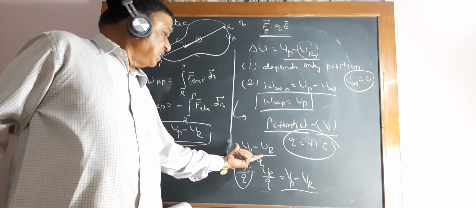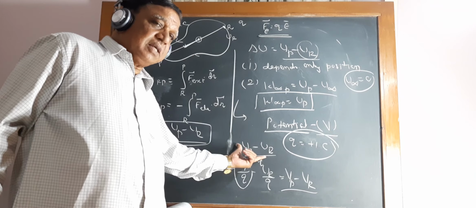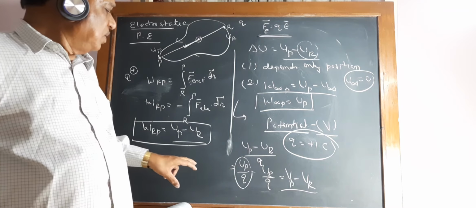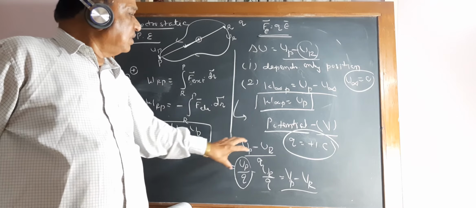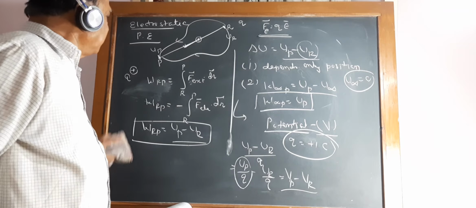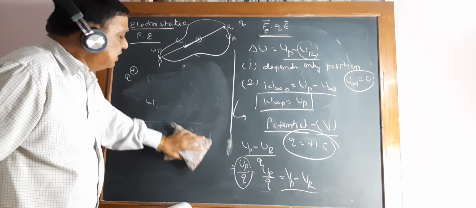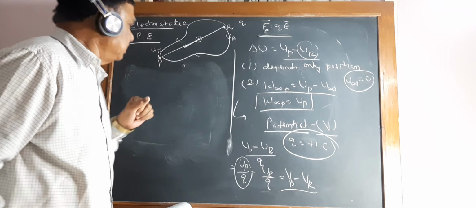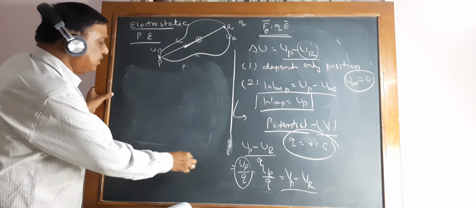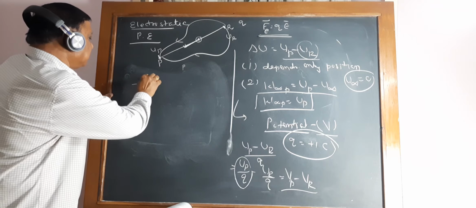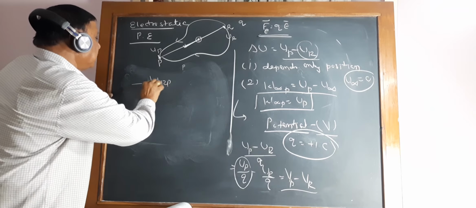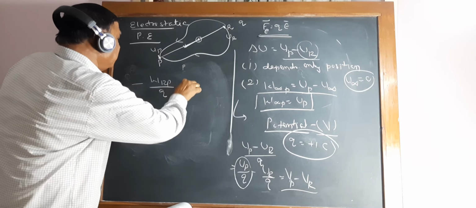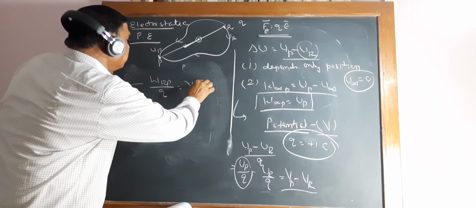As you know, this is nothing but potential difference. So potential difference, suppose again we are taking test charge. So we can say here work done by Q can be defined as Vp minus Vr.